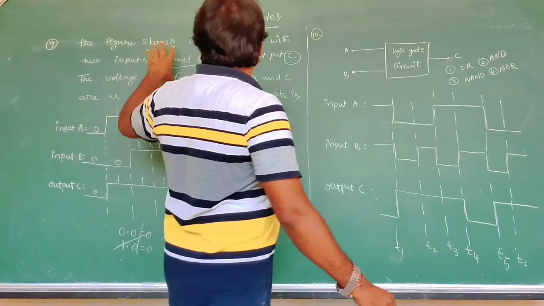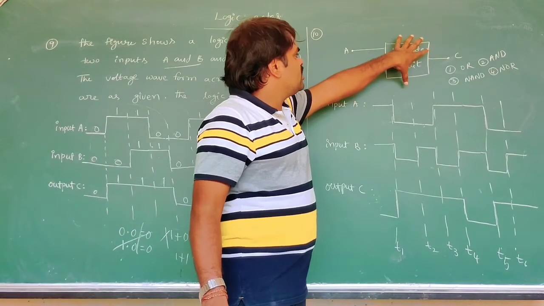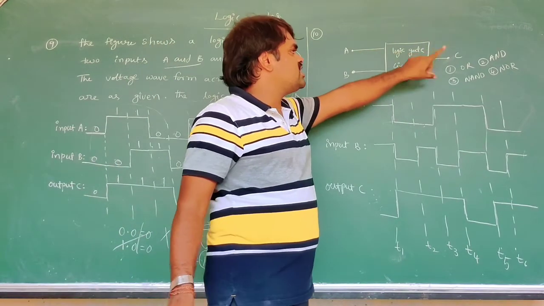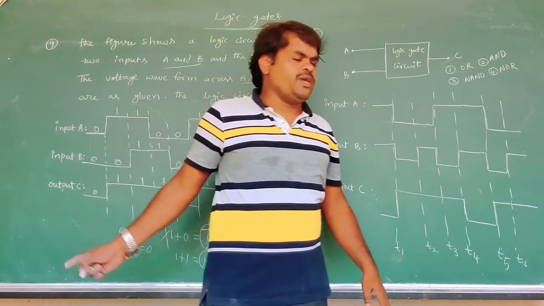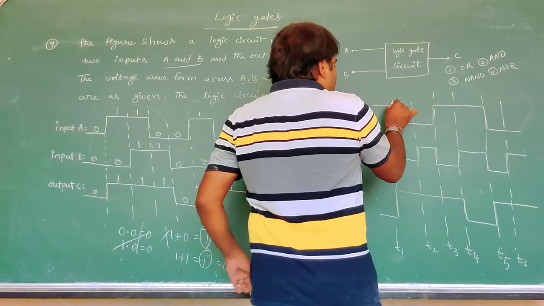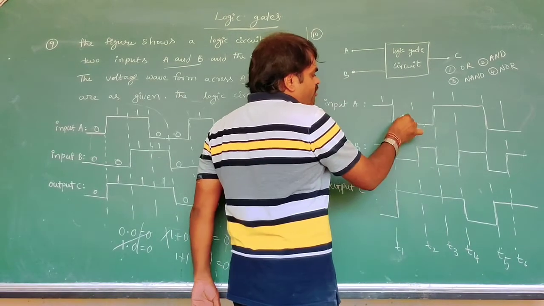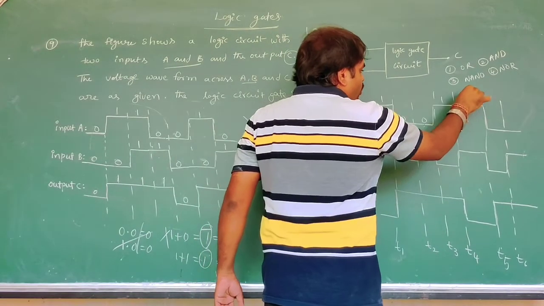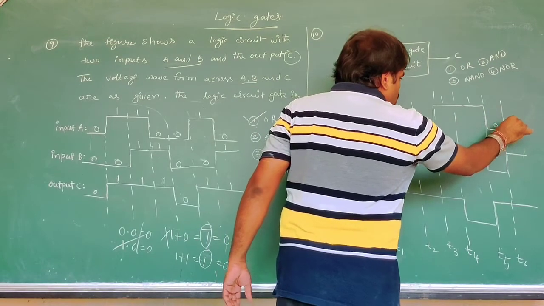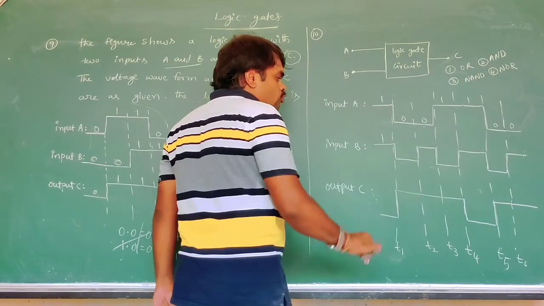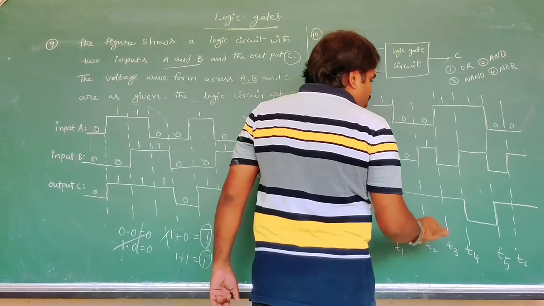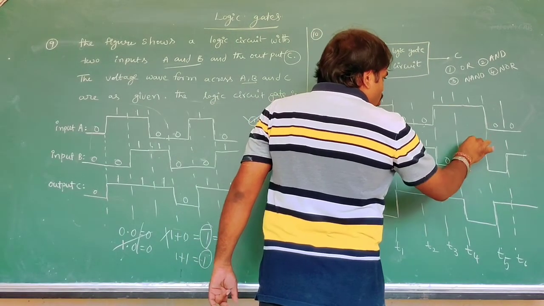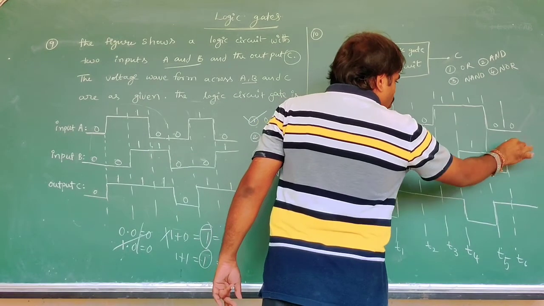Now, a similar question. A and B are the inputs and C is the output. The input waveforms are given and the output waveform is given. With a similar method, the high level represents 1 and the low level is 0. The inputs go 0, 1, 1, 0, 0, 1, 0, 1, 0, 1.